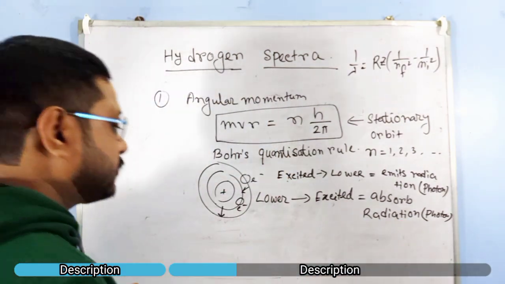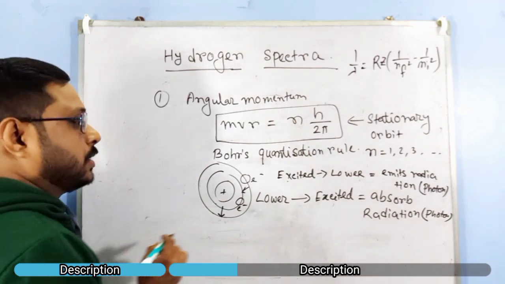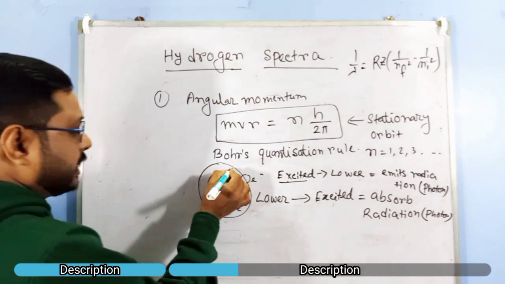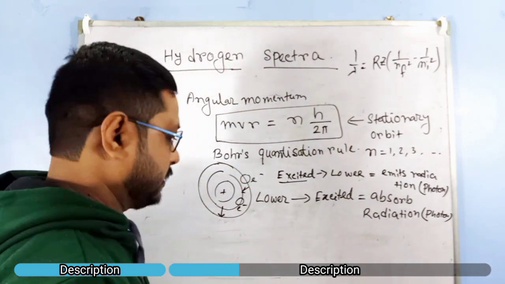Okay. So only then do they emit radiation; otherwise, when they revolve in a stationary orbit, they do not emit any radiation.